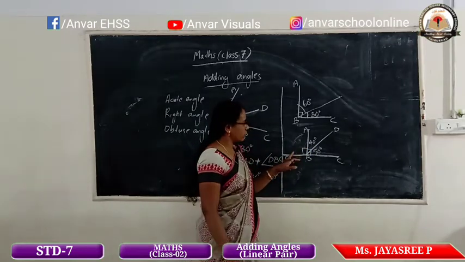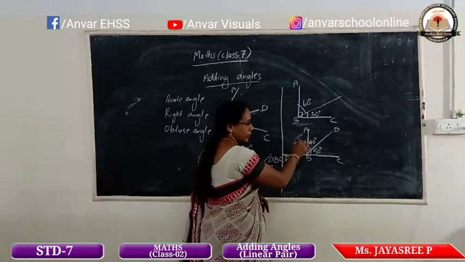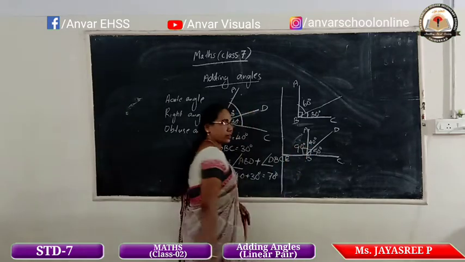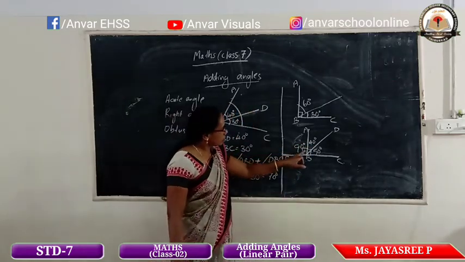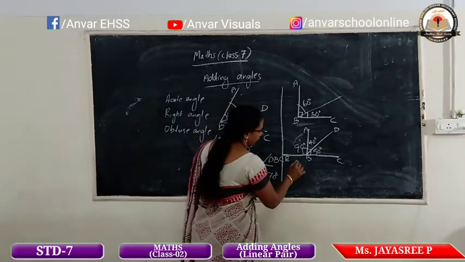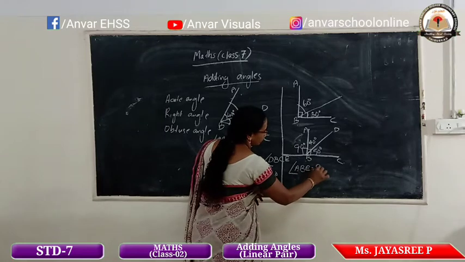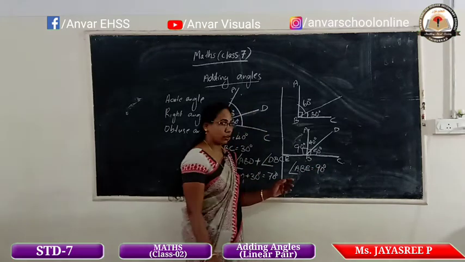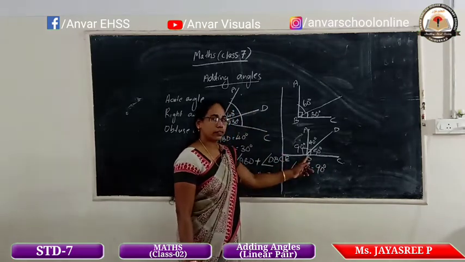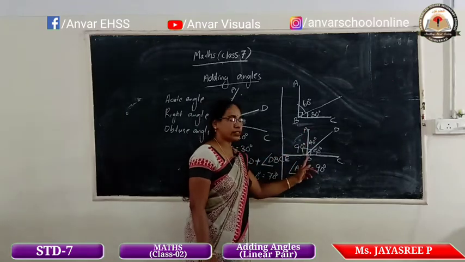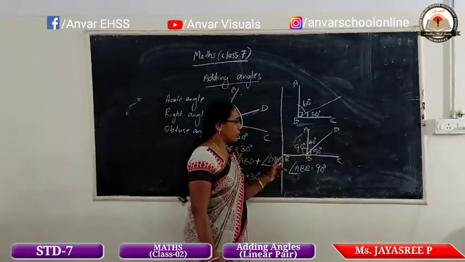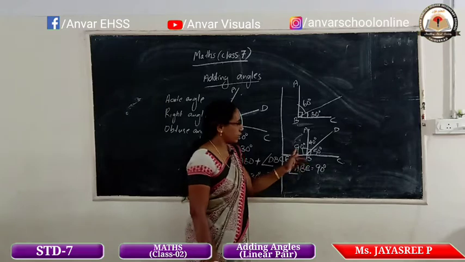The angle between these two lines will be 90 degree. Now this angle is 90 degree. That means angle ABE is equal to 90 degree. We got that because EB is a horizontal line, AB is the vertical line. Those two lines meet together to form angle 90 degree.